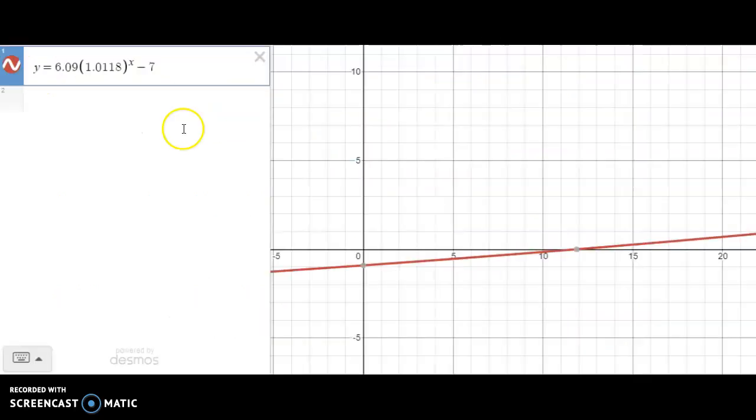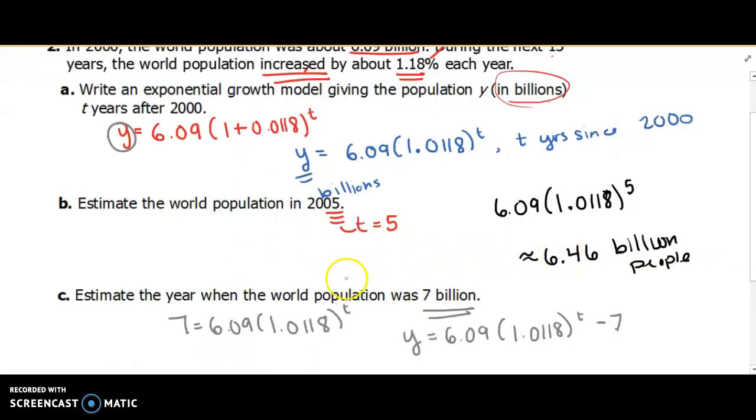When I graph this, this is the equation I got, and notice it crosses just under 12, at 11.871. So this is roughly when t is about 12. Remember, t is years since 2000, so that'd be in roughly 2012. That would be the year.